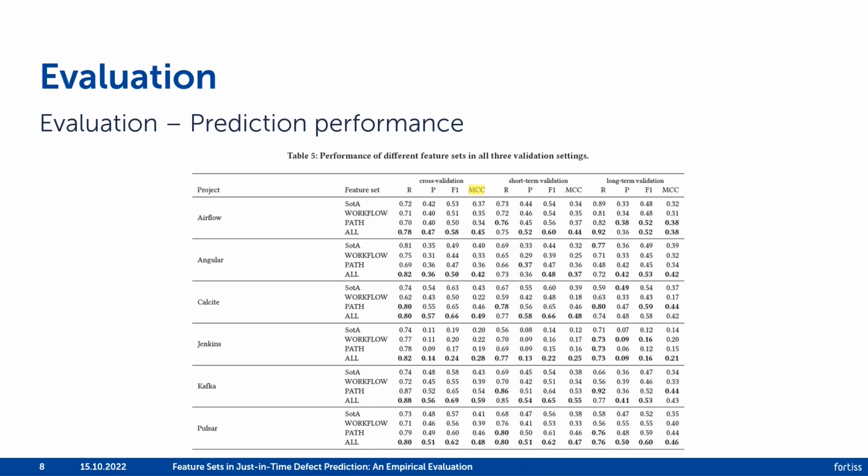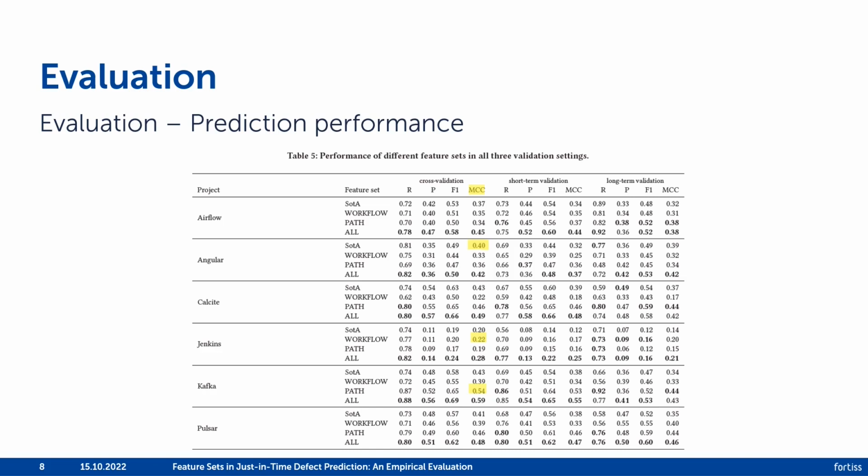In Angular, for example, the state-of-the-art features provide the highest MCC score. In Jenkins, the best performing features are the workflow features. In Kafka, the features have the highest performance score related to the abstract syntax tree extraction.